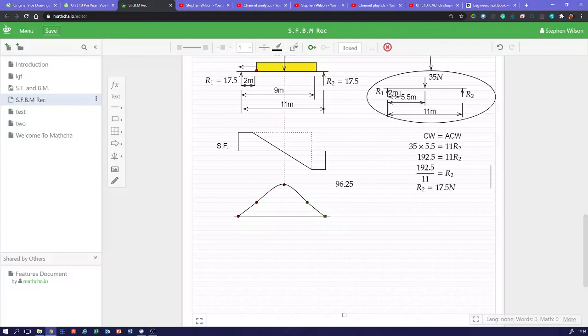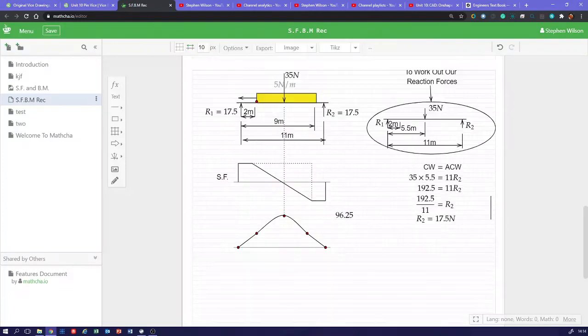So it might be that to do our curve accurately, especially if we're doing it by hand, to get a more accurate curve, we actually take our bending moment at various points along our UDL. At each point we could go to the left or the right.